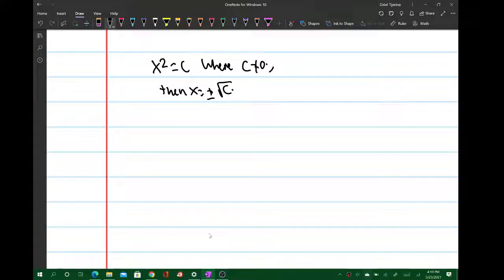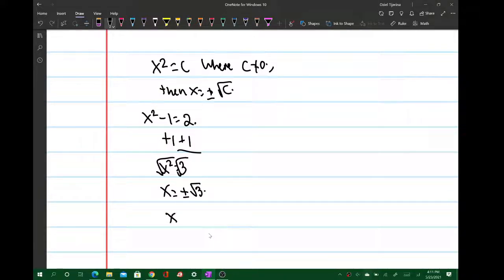This is what we learned when we did quadratic equations by square root method. So it's like if I said x squared minus 1 equals 2, you would add 1 on both sides, and you would say x squared equals 3. And then you take the square root, so then you have to say x equals plus or minus the square root of 3, meaning that x equals square root 3 and x equals negative square root 3, right?